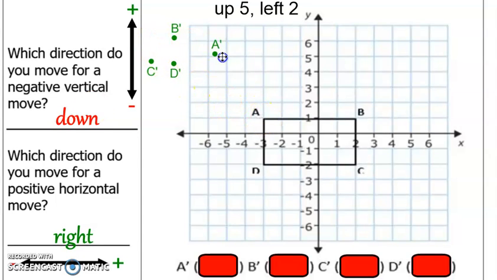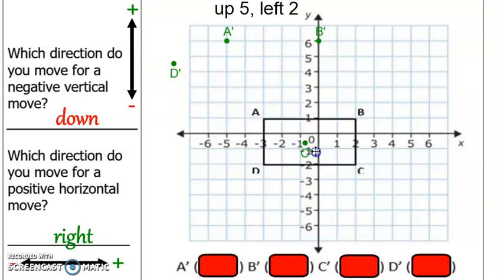I'm going to take a point. You can just put your pencil at point A. Looks like it's at negative 3, 1. And we're going to go up 5: 1, 2, 3, 4, 5, and left 2: 1, 2. And the same for B. Put your pencil on B. We're going to go up 5: 1, 2, 3, 4, 5, and then left 2.